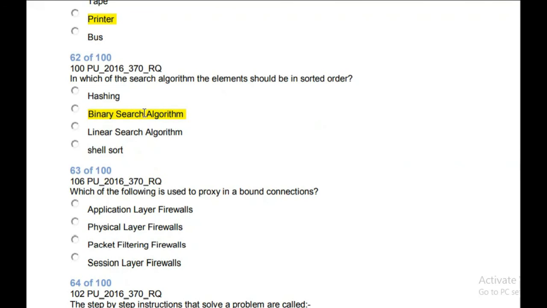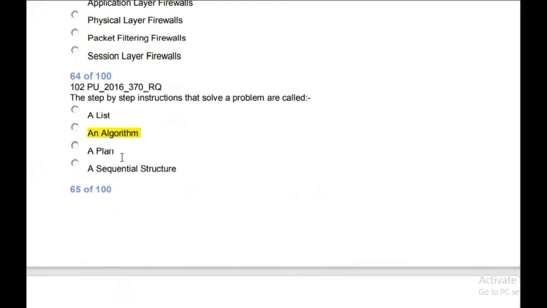Or if the middle element is not the search element, we check whether the middle element is less than or greater than the search element. If the middle element is less than the search element, then we place the beginning at the middle element. So it's better to watch a video on YouTube for binary search.